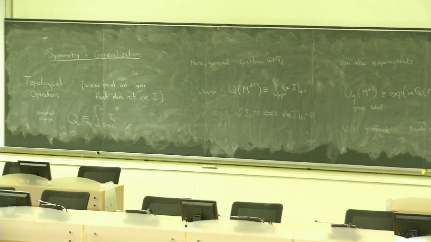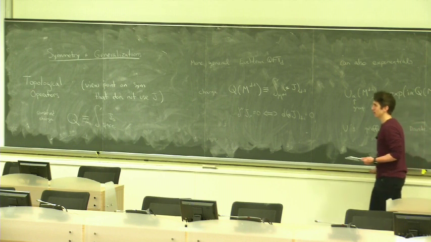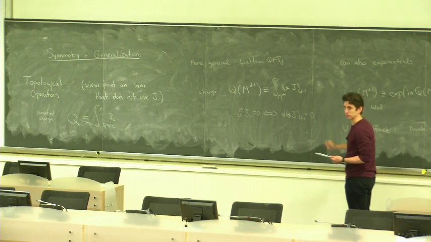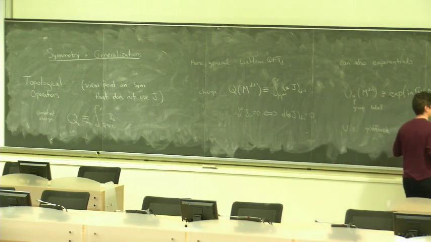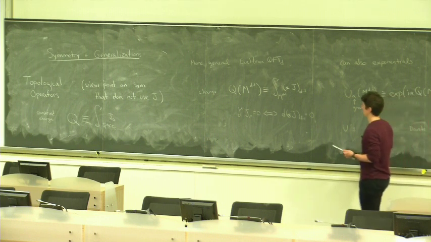The answer is that it depends only topologically on M_{d-1}. What does that sentence mean? It means that if I make a small deformation of M_{d-1}, the operator stays the same. Let's exhibit that using the form that is related to currents.